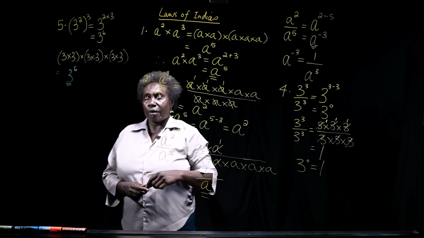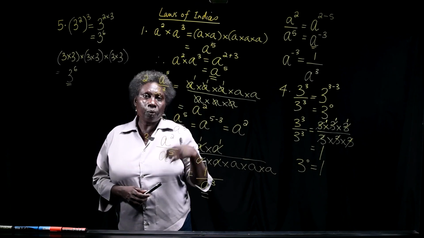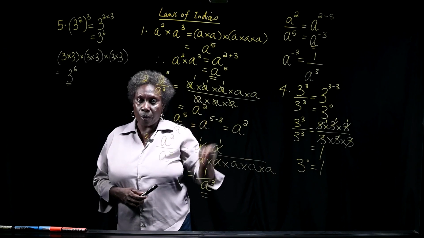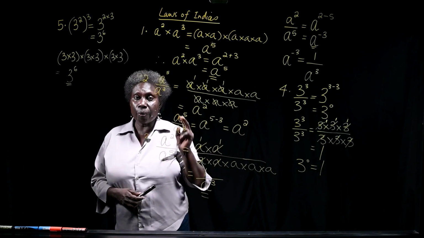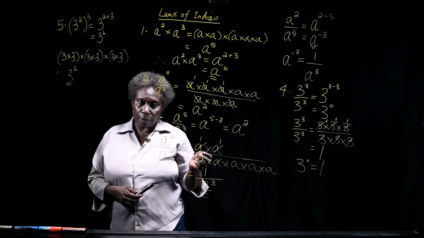So, the first 5 rules state that for rule number 1, when you are multiplying indices with the same base, you simply add the powers. Rule number 2, when you are dividing indices with the same base, you subtract the powers.